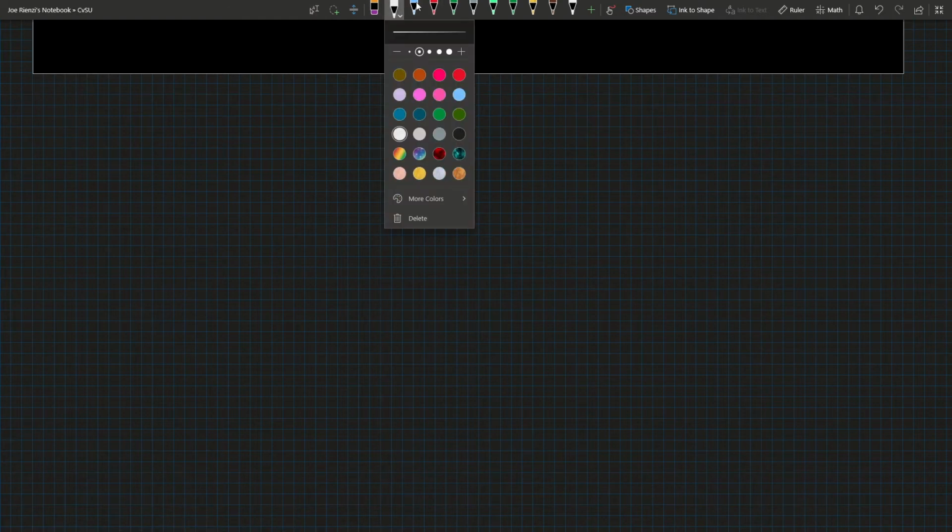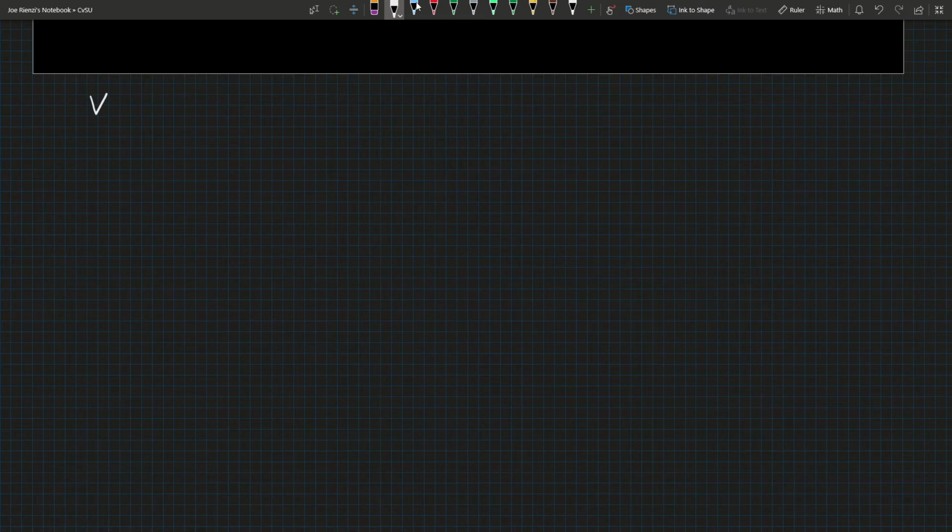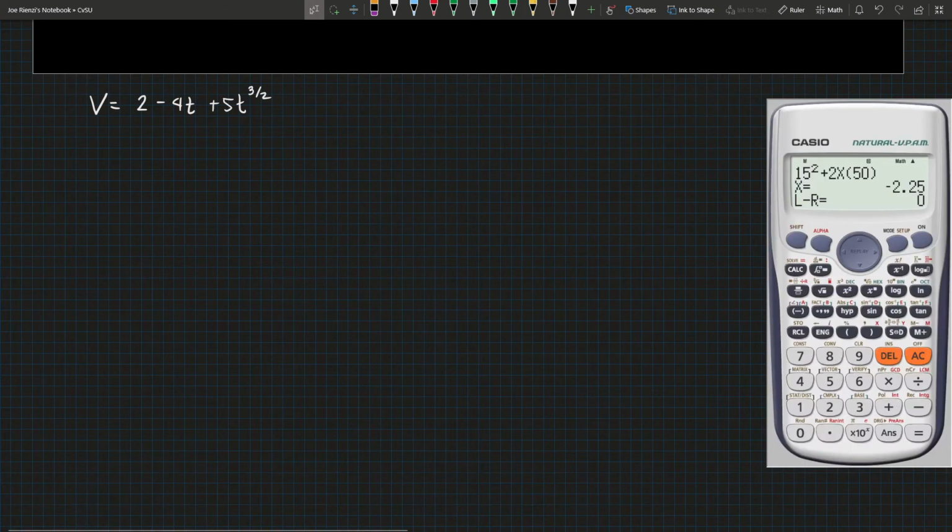So, let's see. Yung velocity natin, sabi dyan, is equal to 2 minus 4t plus 5t to the 3 halves. So, pwede lang natin alalahanin yung mga formula natin. So, yung formula natin, di ba? We have A equals to dv over dt.